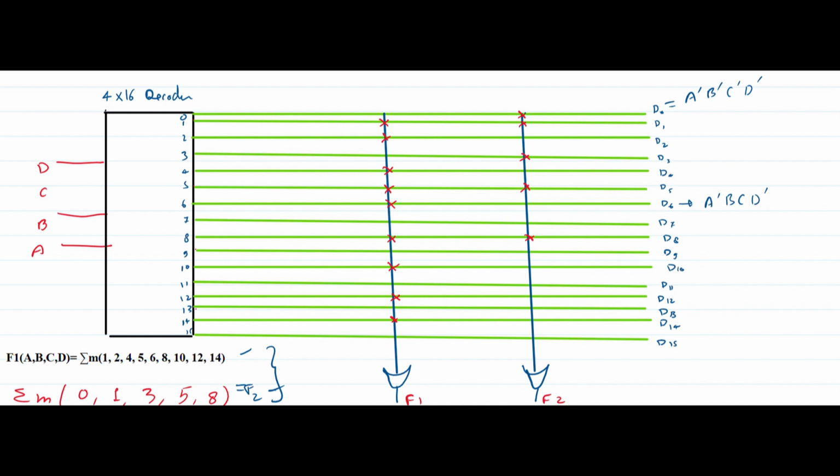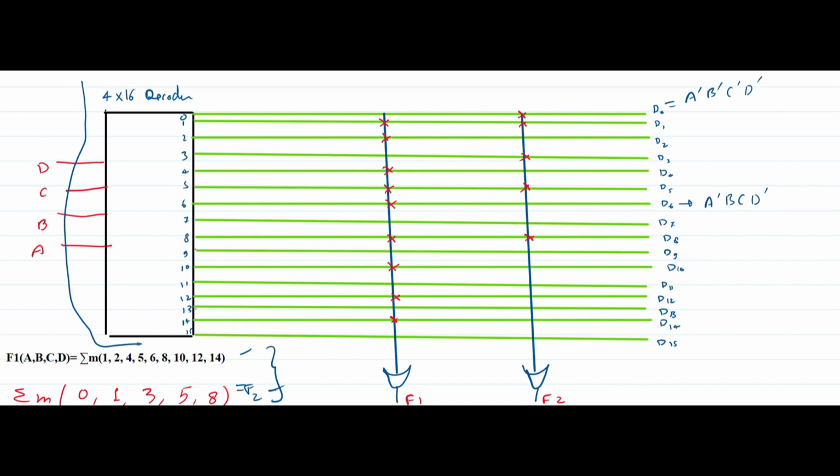In this way I can design my required Boolean function using ROM. Okay, so inputs are A, B, C, D and outputs are F1, F2, right? So this is how we can use ROM as PLD to implement any given function.